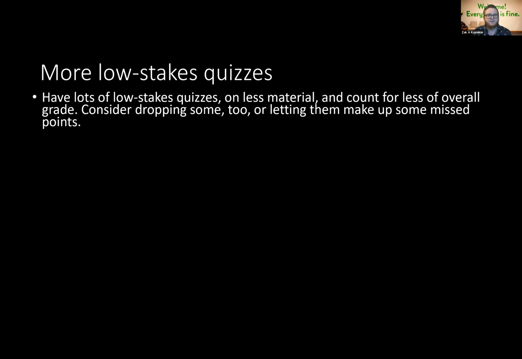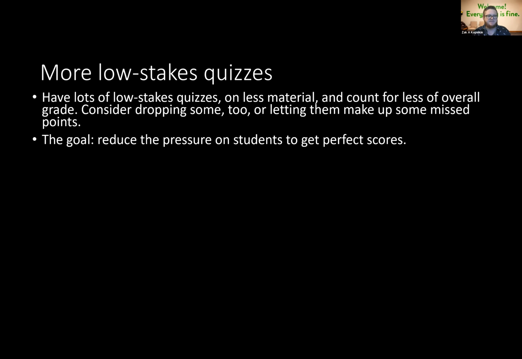So another thing you can do is assign more low stakes quizzes, and have them count for less of the overall grade. You could consider dropping some or letting them make up some of the missed points with some mechanism. Ultimately the goal is to reduce the pressure on them to get perfect scores, so they don't feel as incentivized to cheat.